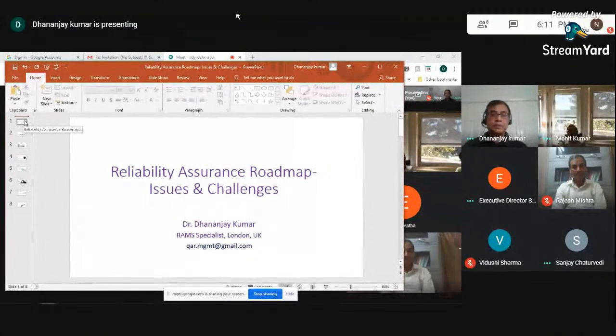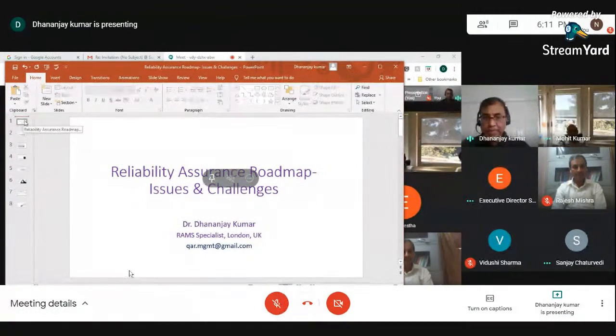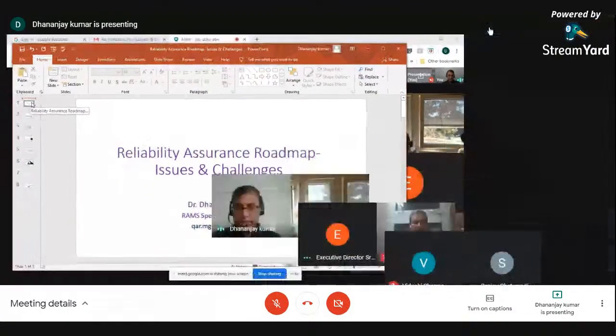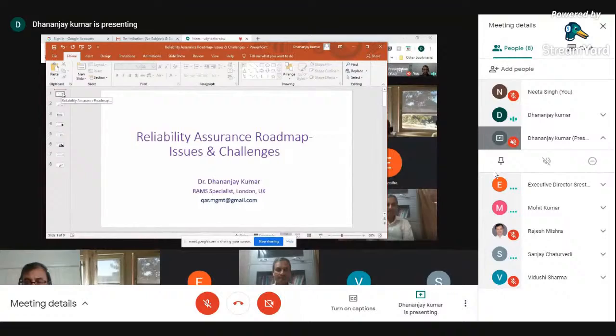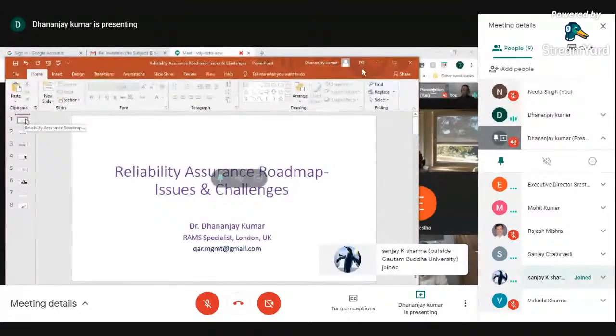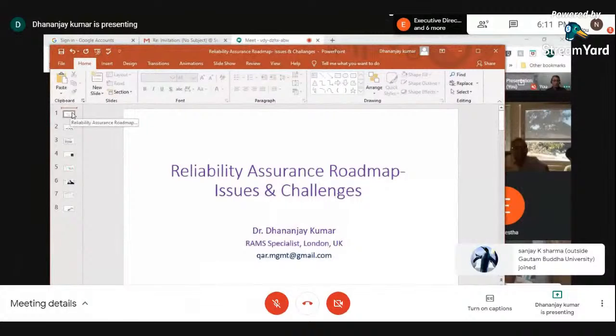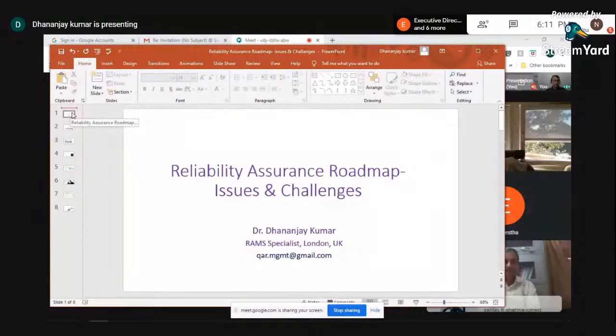Okay. So slide 1 is just the topic headline, and the concept of this presentation is to cover the product starting from the concept phase till we come to the end of the life of that product, system or process. What are the main activities during this roadmap, and what are the challenges and issues that we face?